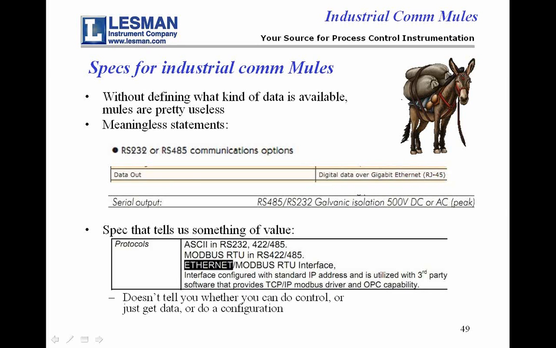For instance, this one up here where it says data out, it says data out over RJ45 gigabit Ethernet. It doesn't tell you what you need to accomplish that at the other end. It just tells you literally you got a connector that you can plug Ethernet wire into. Down here we see this one, which is a little more informative because it says we have an ASCII protocol that runs over 232 or 485.